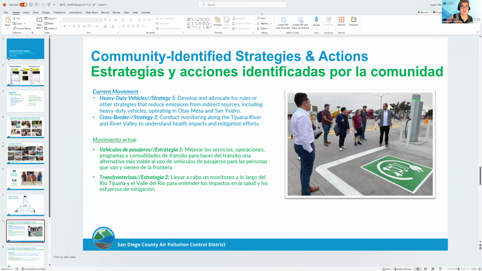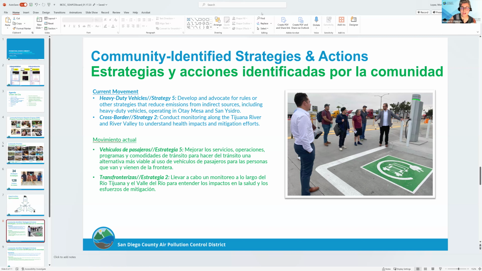So, address pollution that warehouses, for example, attract. And we know there's a ton of warehouses in Otay Mesa, which is one of the reasons why this became an opportunity in the SERP to address.